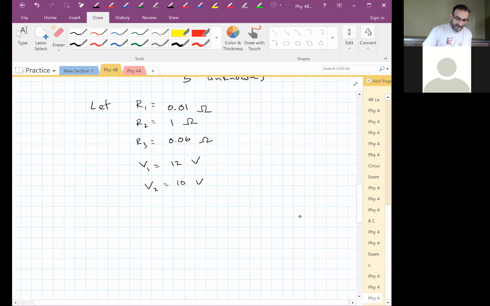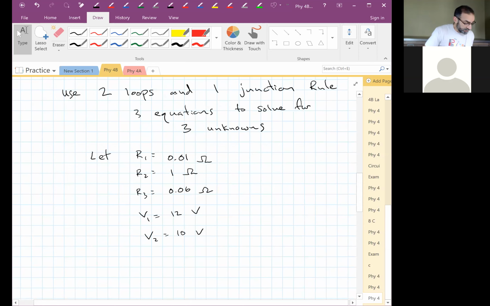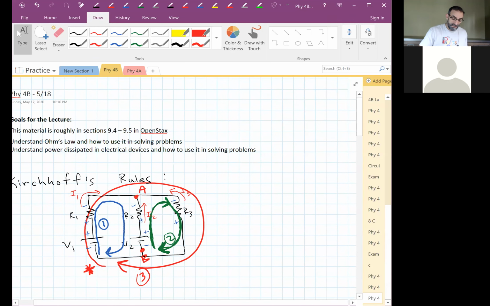Okay, so when you crank through the equations, this is what you get. Let's say you solve for I3 first, and you get negative 171 amps. So what does that minus sign mean? It means you picked the wrong direction. I3 really does not go up through the resistor R3.